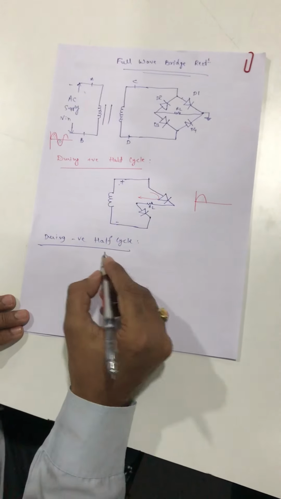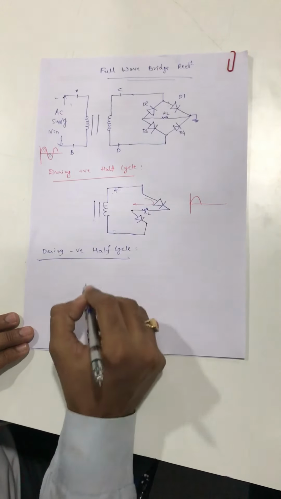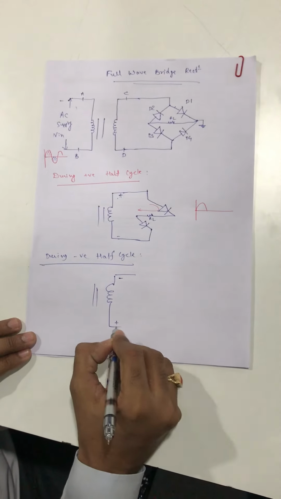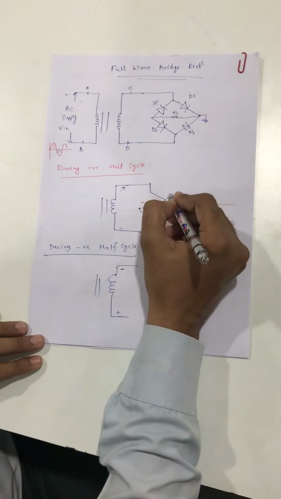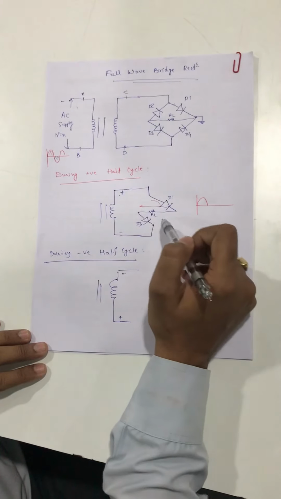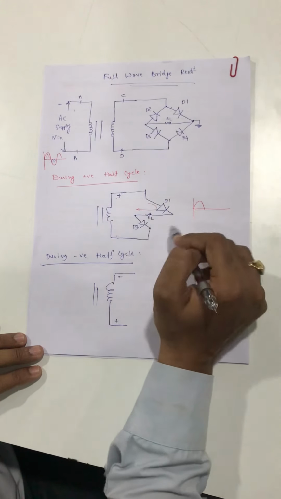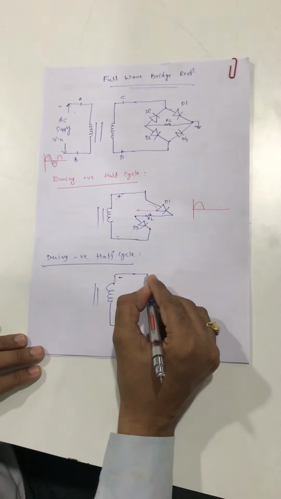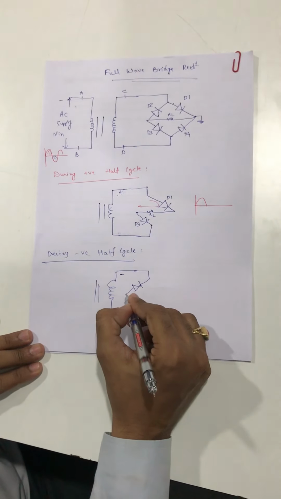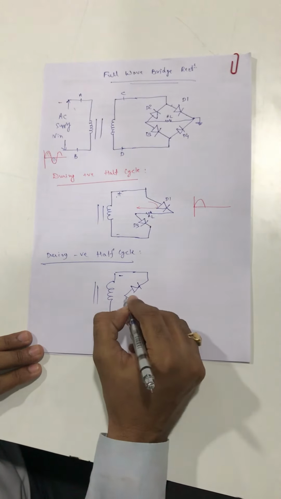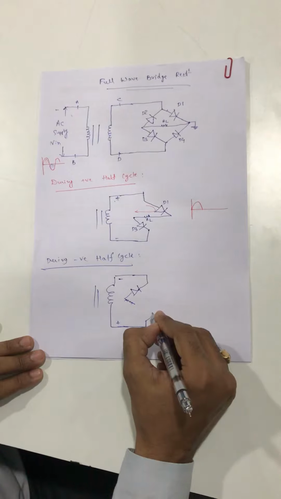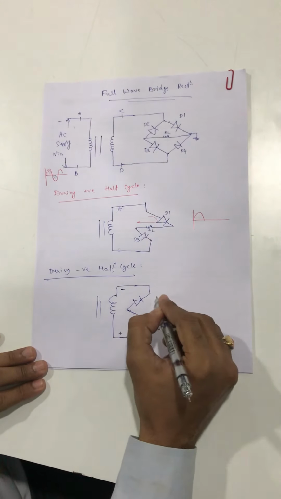During the negative half cycle, again I am considering the secondary part only. During the negative half cycle, this will be my negative and this will be my positive. The diodes D1 and D3, which were previously forward biased and hence on, are now reverse biased and off, so they are not under consideration. Here diode D2 and diode D4 will be in.